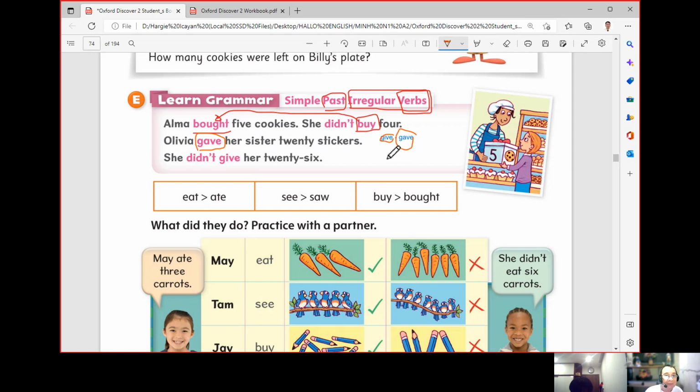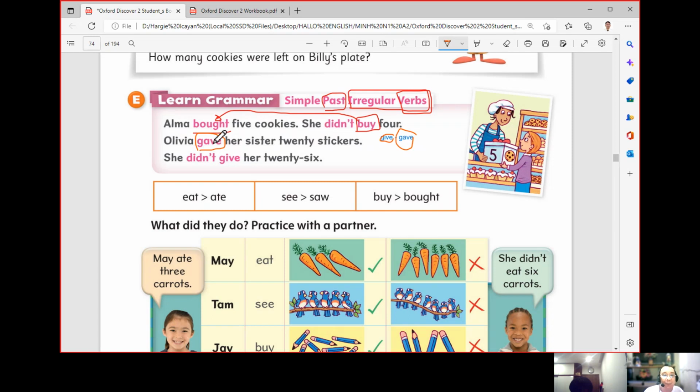Okay? Now, the positive statement for this one is Alma bought cookies. What about the negative statement? So we are going to say she. Why is it she? Because Alma is a girl.